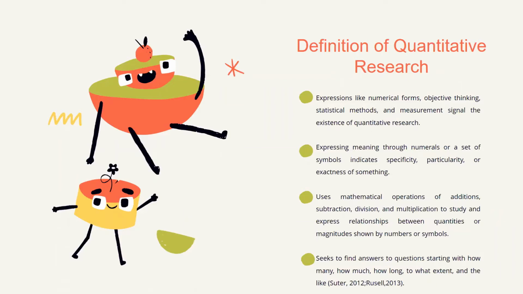It uses mathematical operations of addition, subtraction, division, and multiplication to study and express relationships between quantities or magnitudes shown by numbers or symbols. And it also seeks to find answers to questions starting with how many, how much, how long, to what extent, and the like.